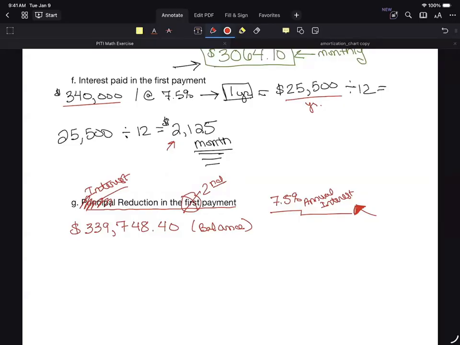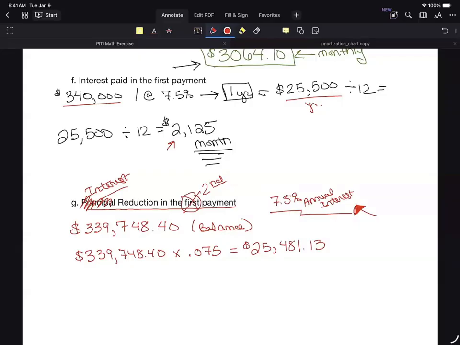Okay. So we'll multiply it by the 0.075. And that gives us 25,481.13.